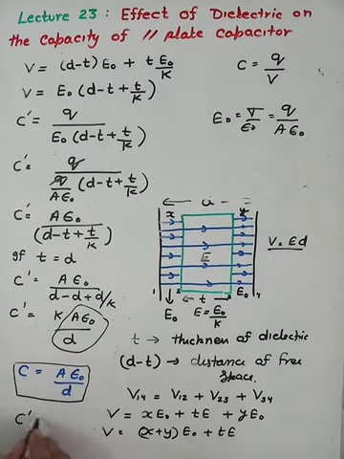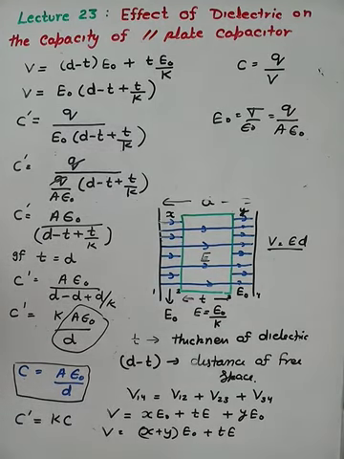Therefore C dash is equal to k times C. That means if we completely fill the parallel plates with dielectric, the capacity will increase by k times. In this way we show that with the insertion of a dielectric, the capacity of a parallel plate capacitor increases.